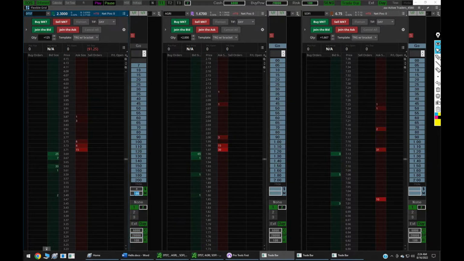Now the cool thing is, if this is anything less than 100, and I've seen them where they're like 30, they give you a lot of buying power for that. I think that increases my buying power up to $60,000 for this stock. So you want a nice low number, but you don't want 0, which is what we have in this case.